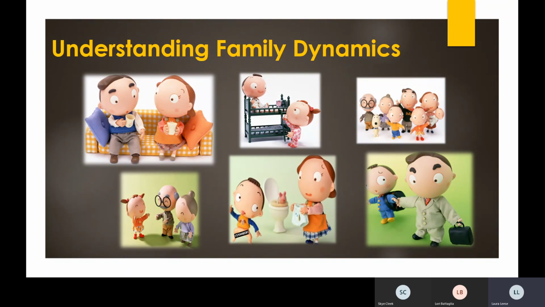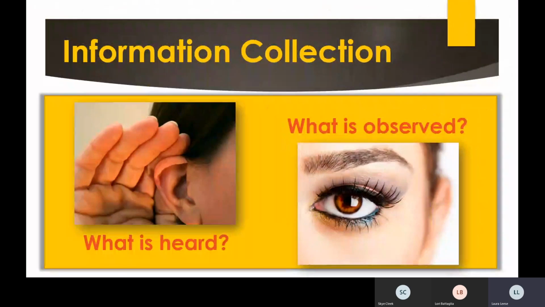And it's just an overall arching concept of understanding family dynamics and what that means, especially related to the assessments and the enhanced capacities that we're going to be discussing. So, in the process of understanding the family dynamics, it's important that we understand the process and thoroughly work through information collection with our families, as well as other collaterals.